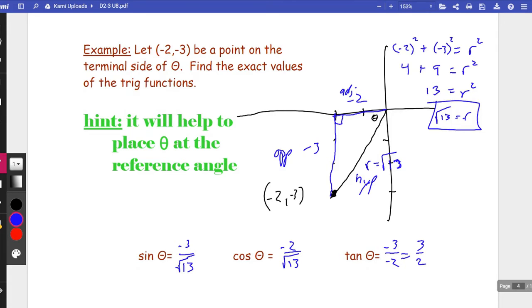The other thing is when you have a square root as part of your answer, part of a fraction, if it's on the bottom of a fraction, we're supposed to do what they call, whoever they is, rationalizing the denominator. It just means we're not supposed to have an irrational number or square root on the bottom of a fraction.